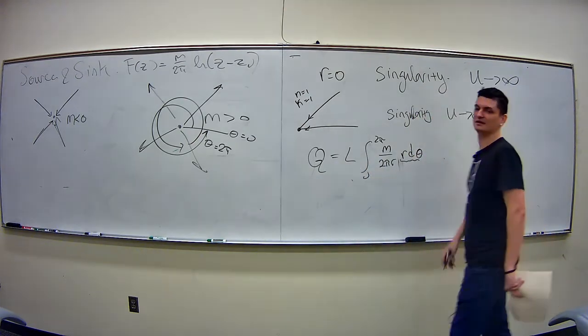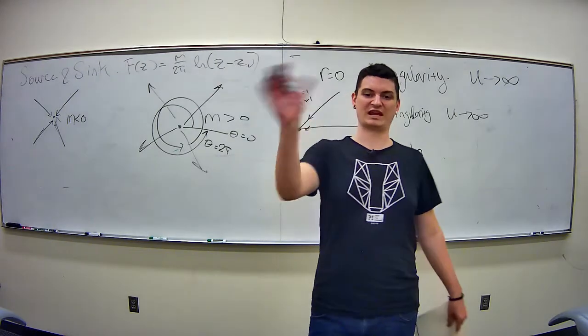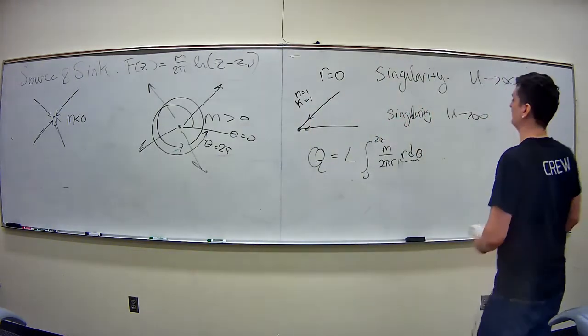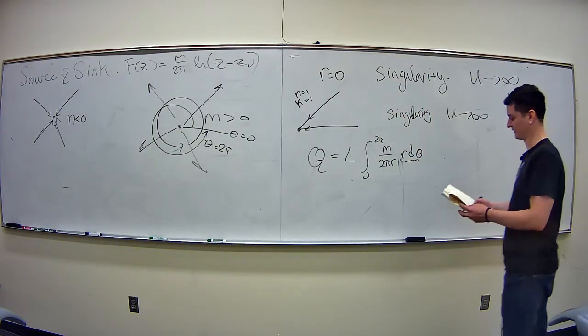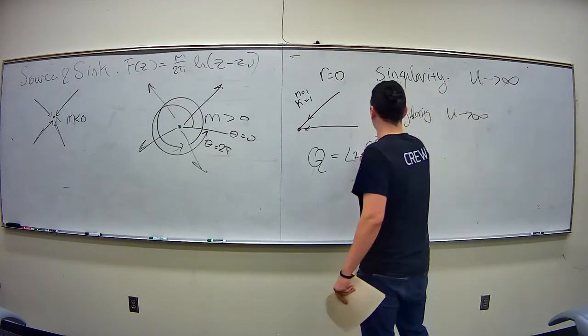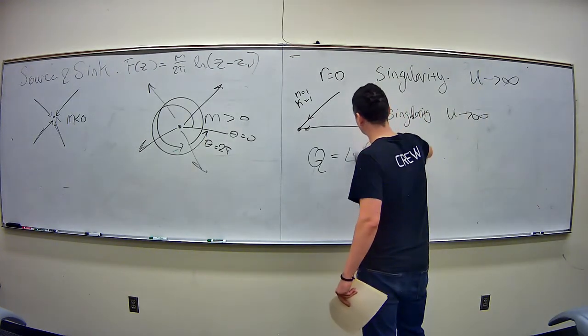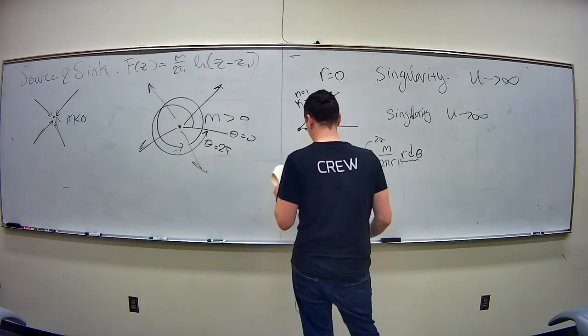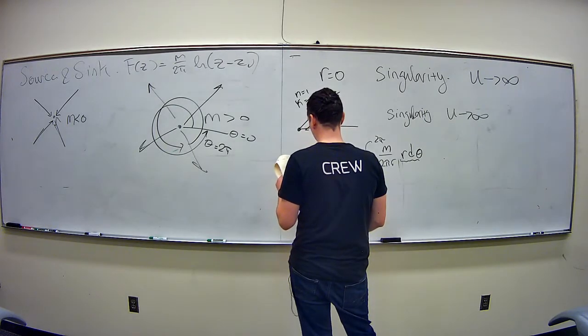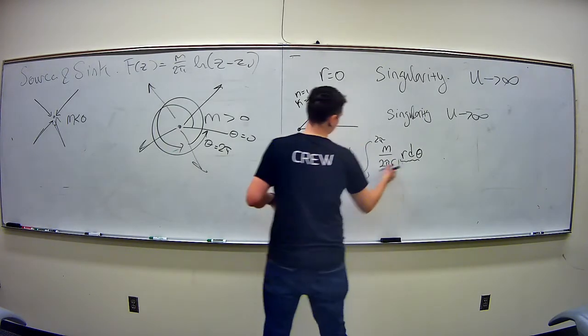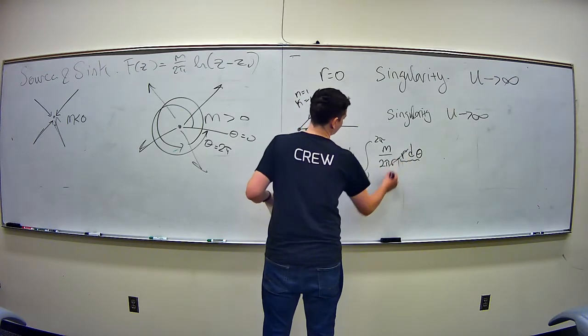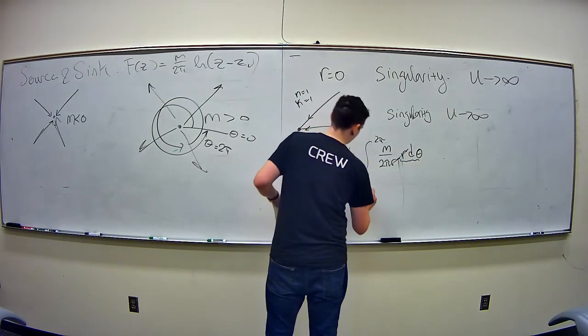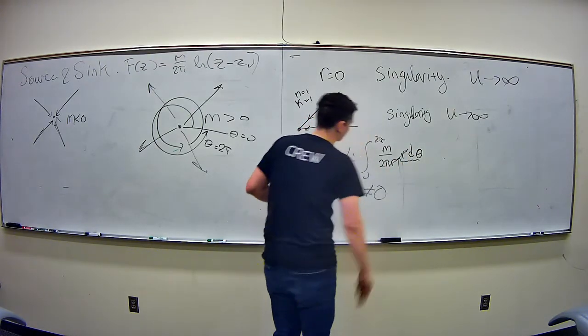Remember, this is your change of variables if you're going from a rotational integration. What do you get? Then the d theta becomes 2 pi. These cancel out, and the result is certainly not 0.